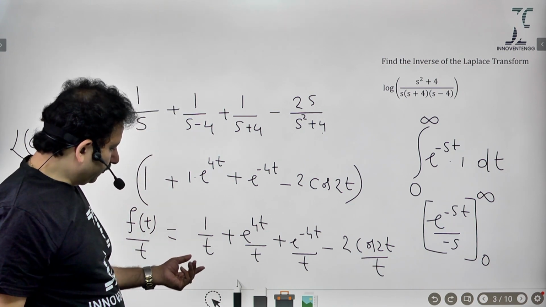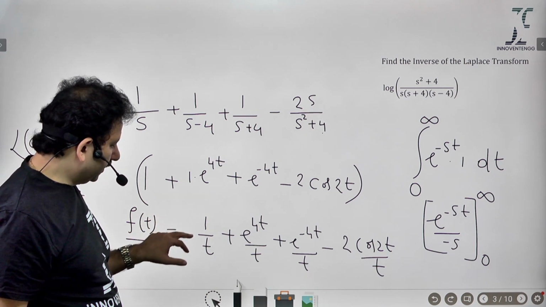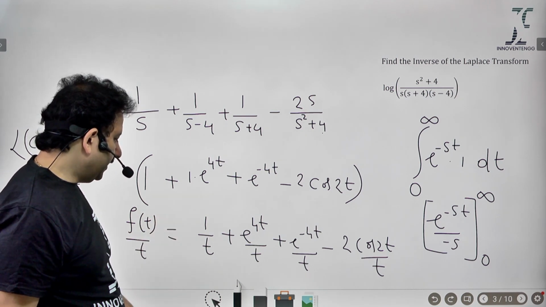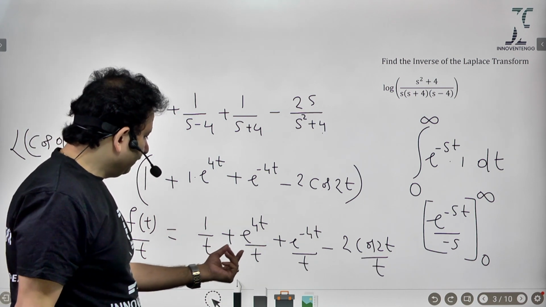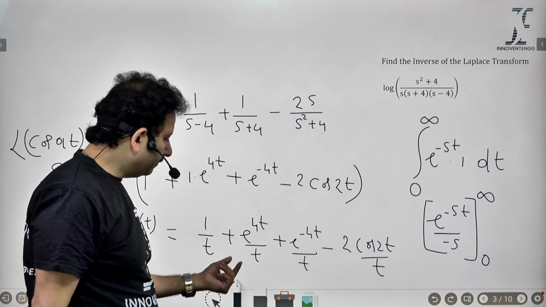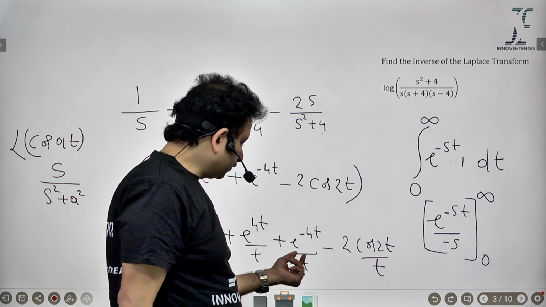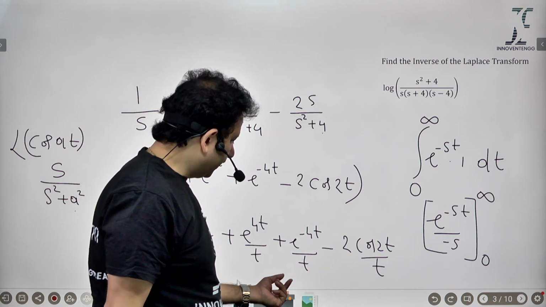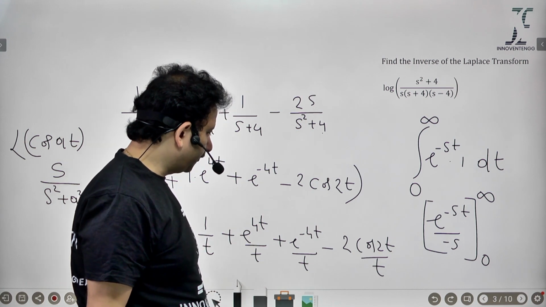Because if you want to find 1 by t, you will have to integrate 1 from s to infinity, and that is where you get log of 1 by s. And if you want to find this, you will have to integrate e power 4t from s to infinity. If you want to find e power minus 4t by t, you will have to integrate from s to infinity, that is e power minus 4t.